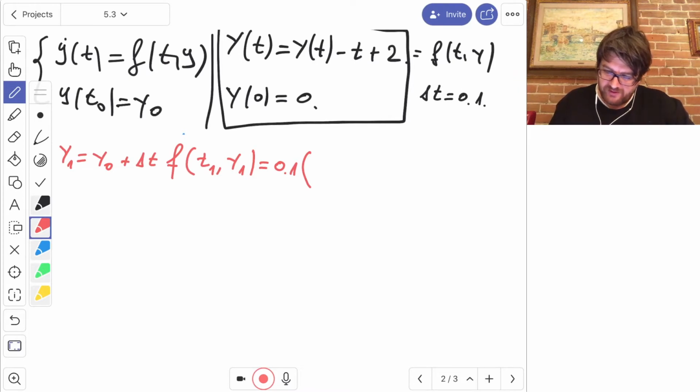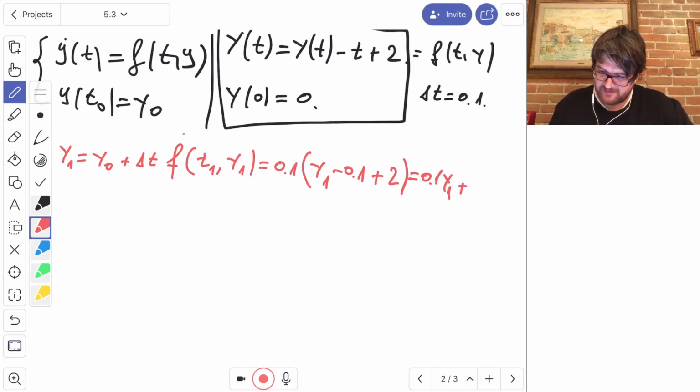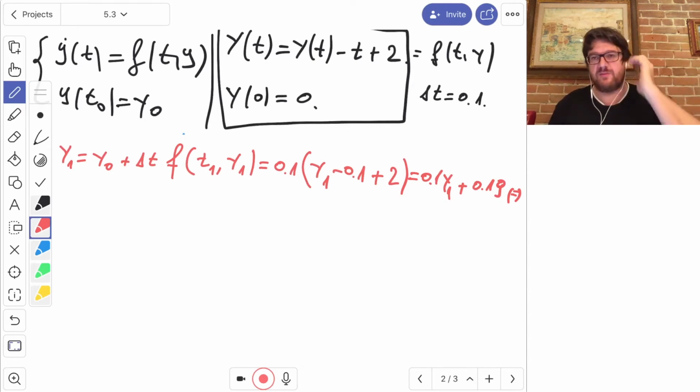We have y1 here, we don't know what it is, so we have to put a variable, minus t1, which is 0.1, plus 2. So this is going to be equal to 0.1 y1 plus 0.19. Okay. So now this is an equation. In this case, of course, the equation is simple because I wanted to do it by hand, but in practice it's not. That's the whole point.